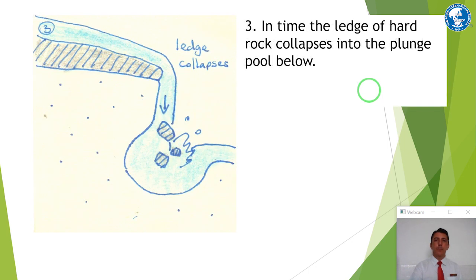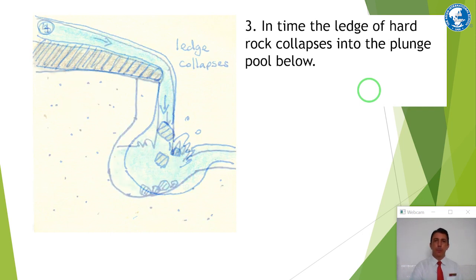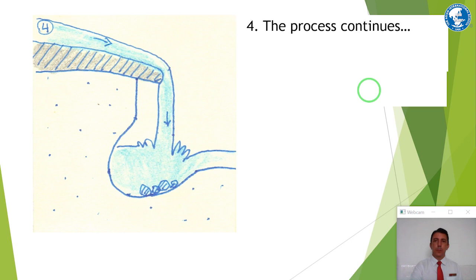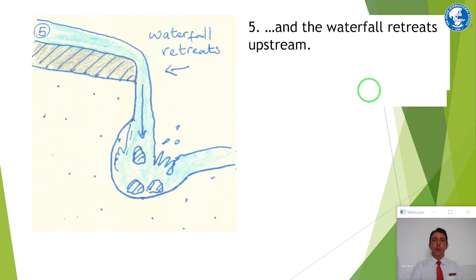Number three, in time the ledge of hard rock collapses into the plunge pool below. The process continues, and the waterfall retreats upstream.